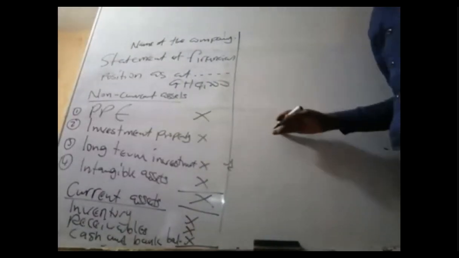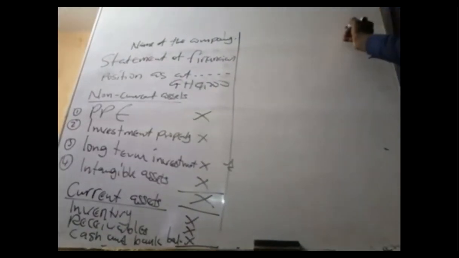And basically your cash and cash equivalents, cash and bank balances. You sum them up, you get your total current assets.